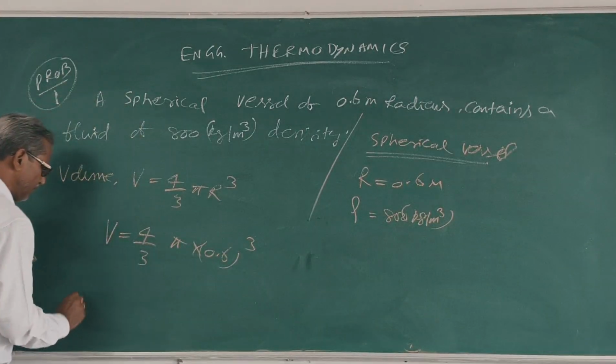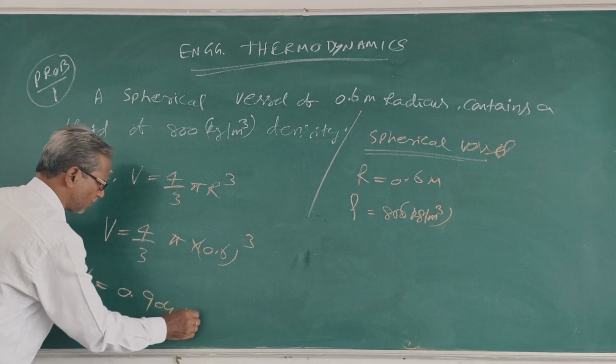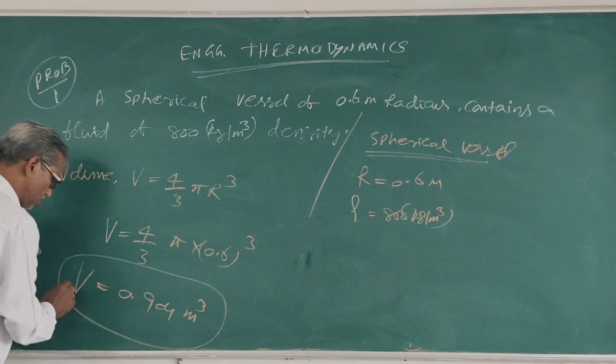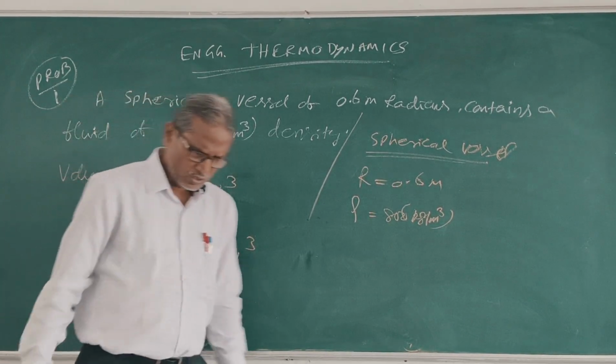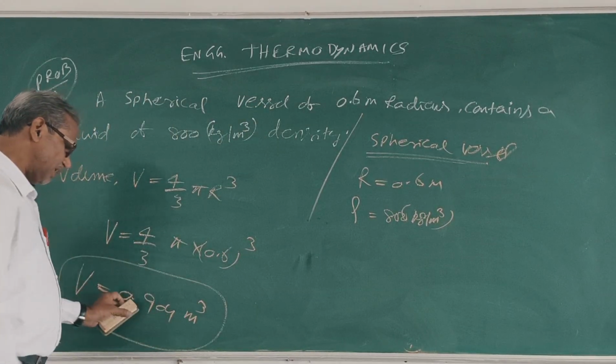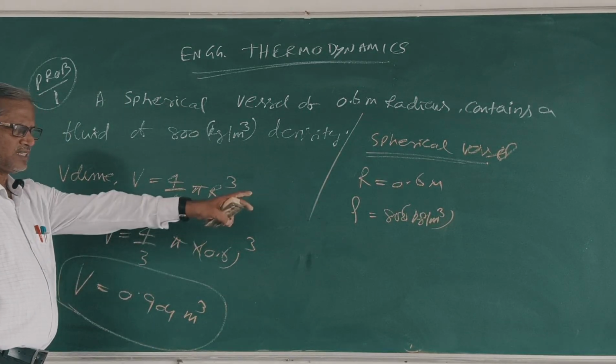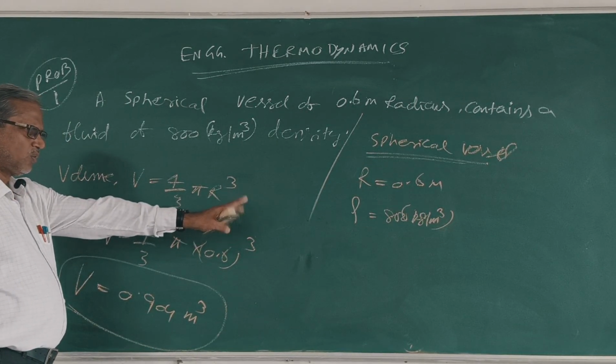Clear? So V is equal to 0.904 meter cube. Use calculator, find answer. Density rho. Now, what is the mass?